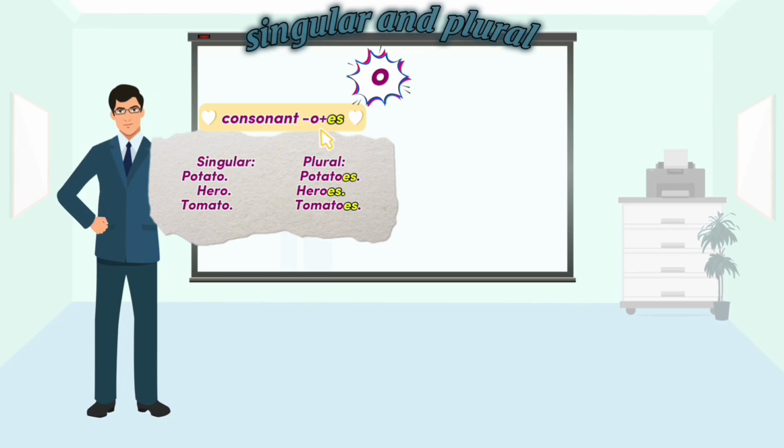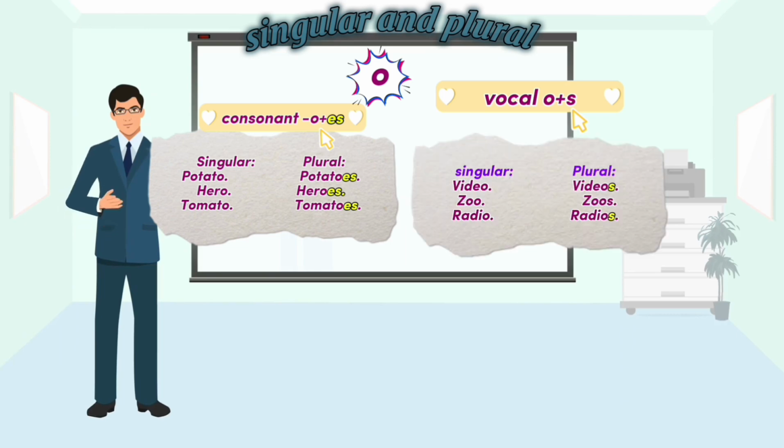Hero, heroes, tomato, tomatoes. If the letter before the O is a vowel, then we simply add the letter S. For example, video becomes videos, radio, radios, and zoo, zoos.